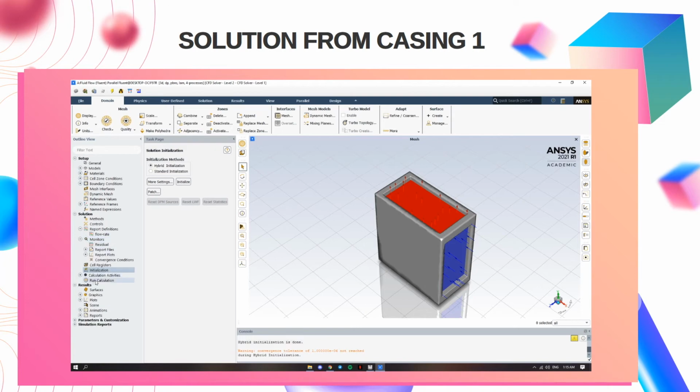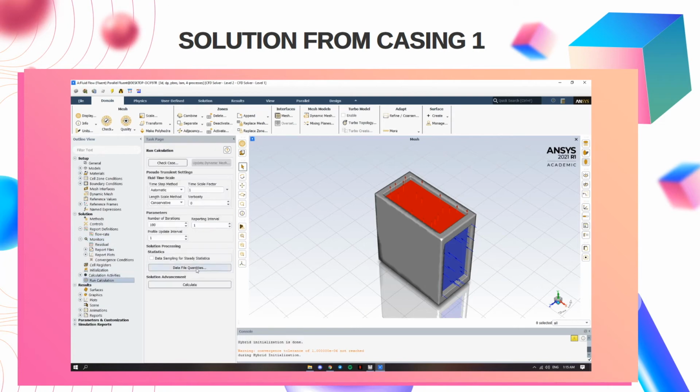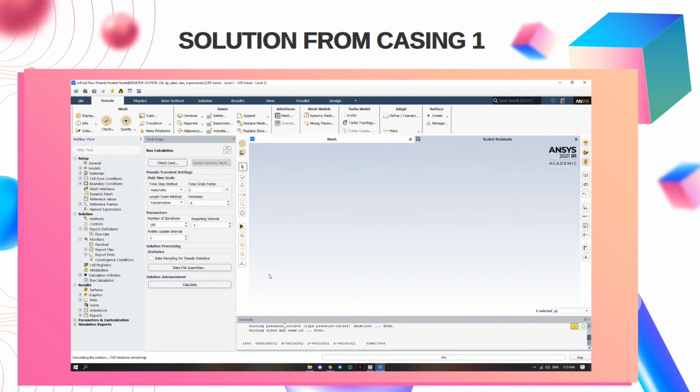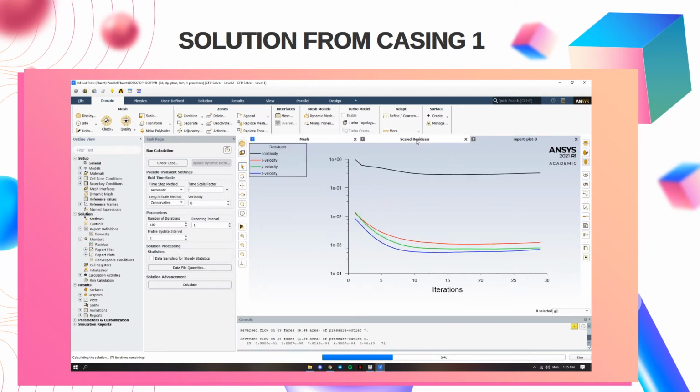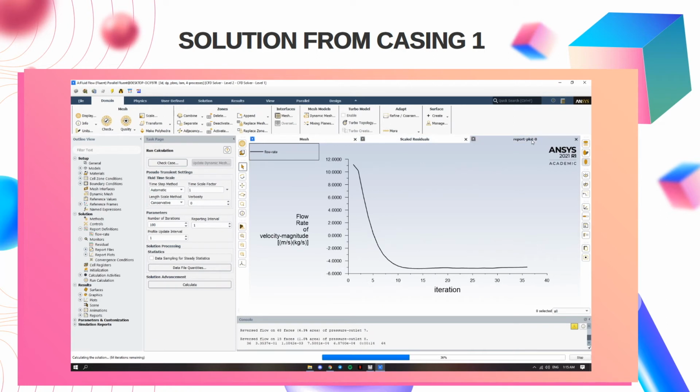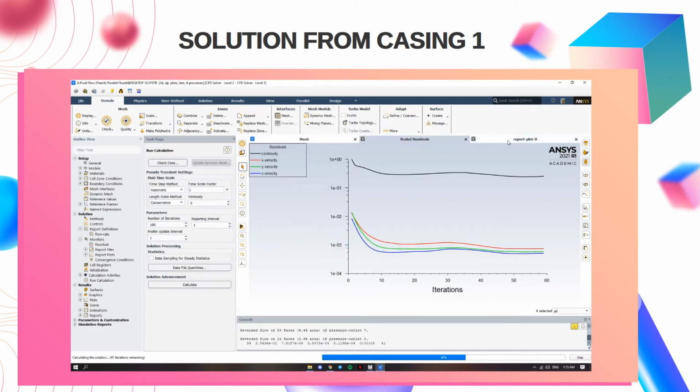Next we go to run calculation. For run calculation, the number of iterations we use is 100. Then just click calculate. From the calculation we can get the scale residuals graph and the flow rate of velocity versus iteration. These two graphs are important in our analysis.